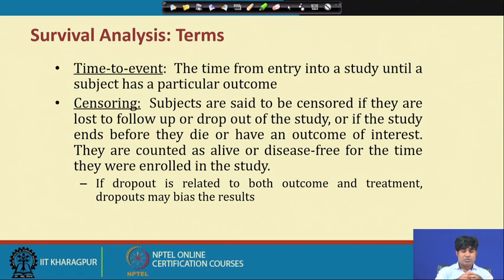So two things are very important here, time to event and censoring. Time to event means time from entry into a study until a subject has a particular outcome. Subjects are said to be censored if they are lost to follow-up or drop out of the study, or if the study ends before they die or have an outcome of interest, and they are counted as alive or disease free for the time they were enrolled in the study.